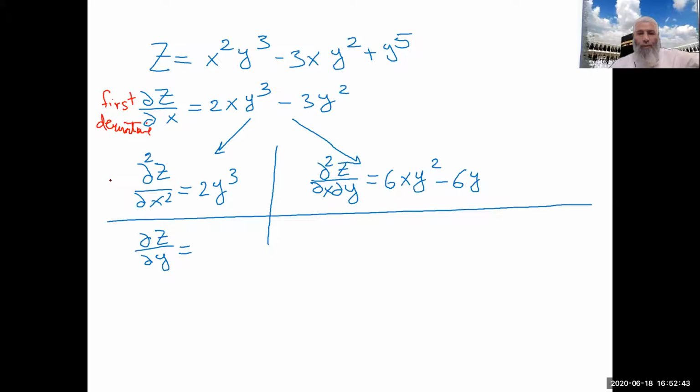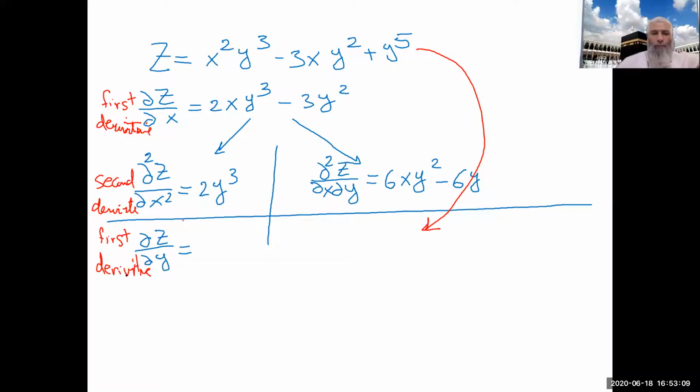And this is second. Okay, if it's second derivative, okay. So now I will calculate the first derivative here. This is first again, first derivative with respect to y.